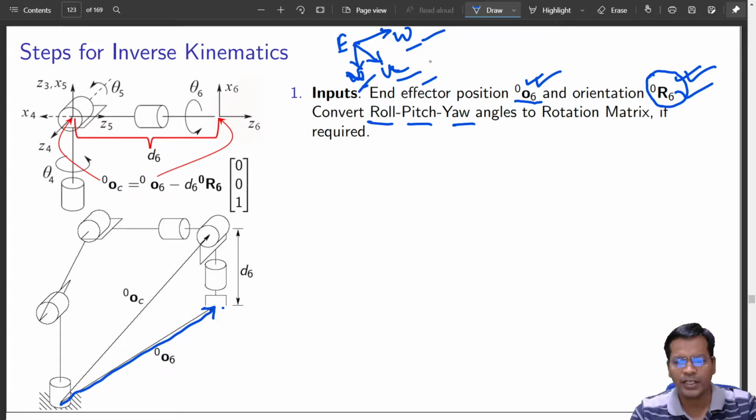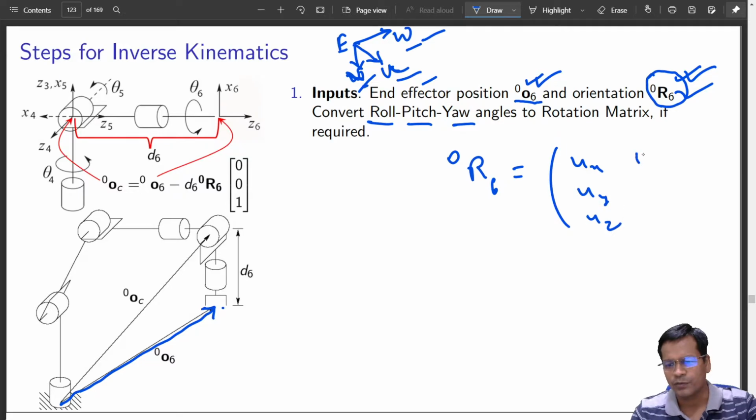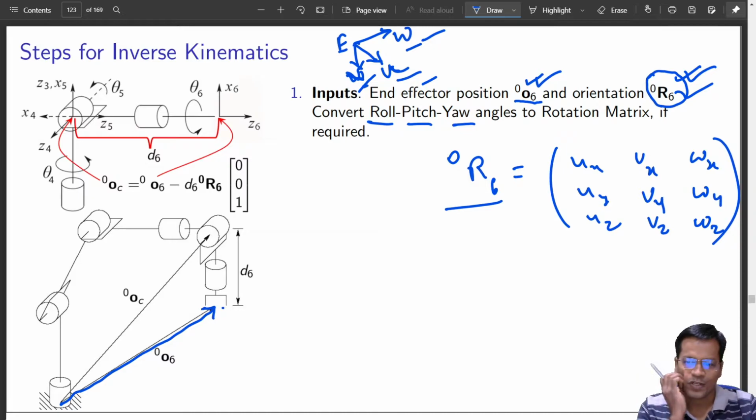The rotation matrix is the projection of U along X, U along Y, U along Z, V along X, V along Y, V along Z, W along X, W along Y, W along Z. So this is given. What else is given? The end effector pose is given because I already know X, Y and Z. So these two things are the input to this algorithm.